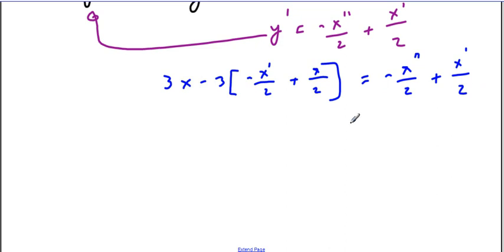And now we can just combine like terms and multiply by 2, because we have a half everywhere. So we're going to combine like terms, multiply by 2, and we're going to have that minus x double prime plus x prime is equal to 4x plus 3x prime minus 3x.